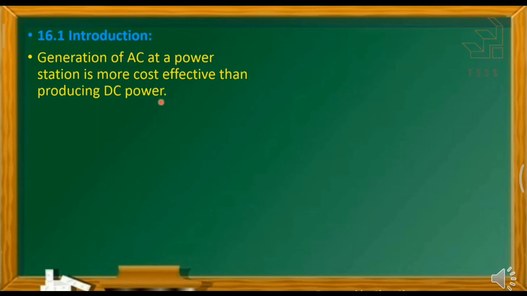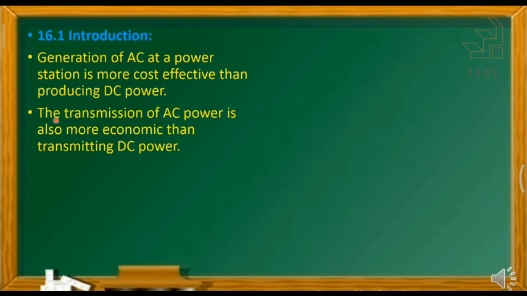The process of converting alternating voltage or current into direct voltage or current is called rectification. A diode is used as a rectifier for converting alternating current voltage into direct current. The transmission of AC power is also more economic than transmitting DC power.